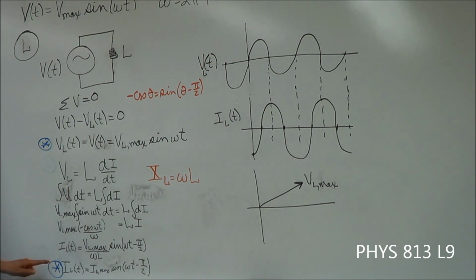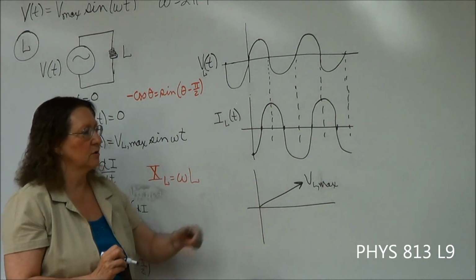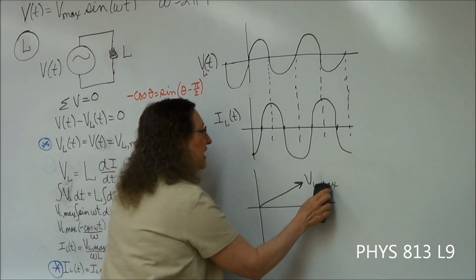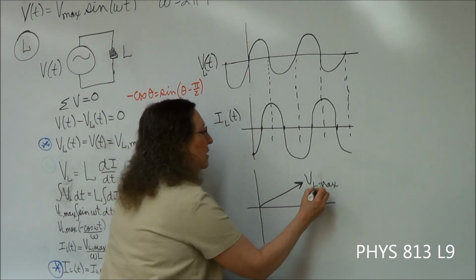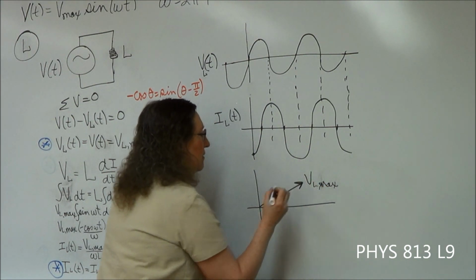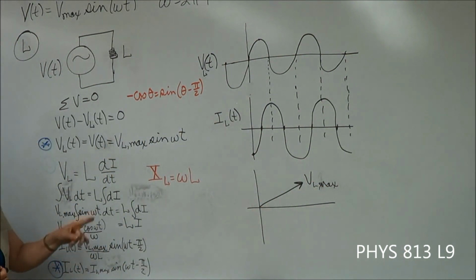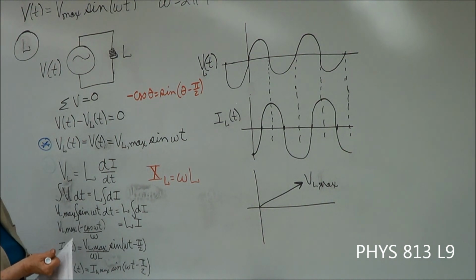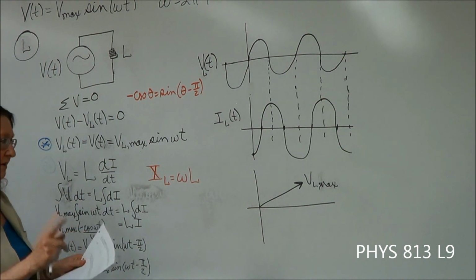Where does our current vector go relative to our voltage vector?